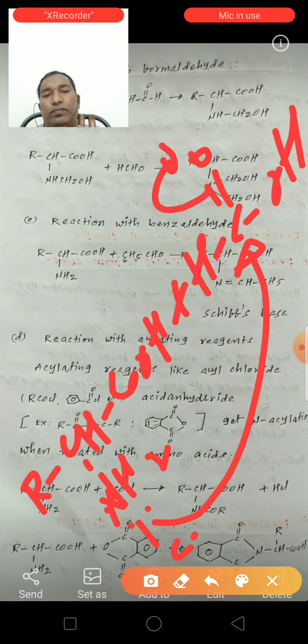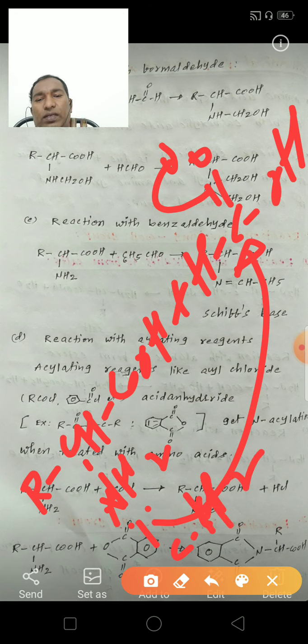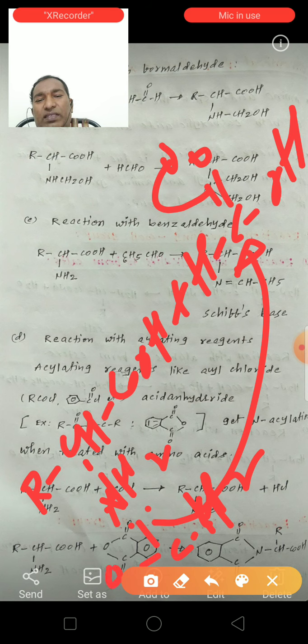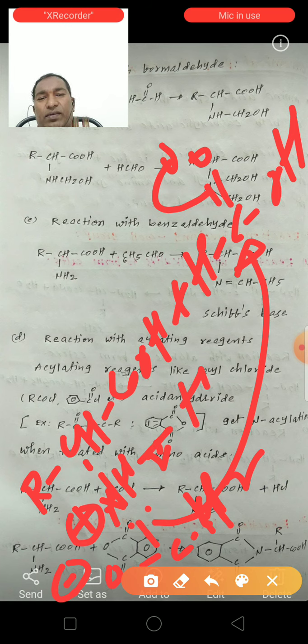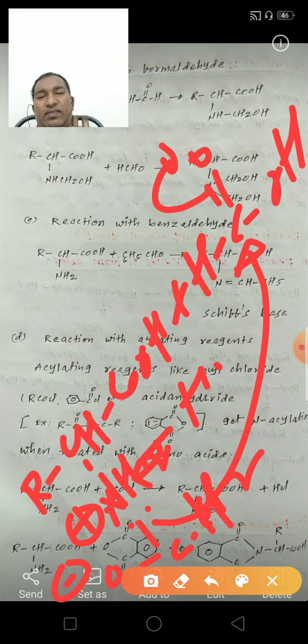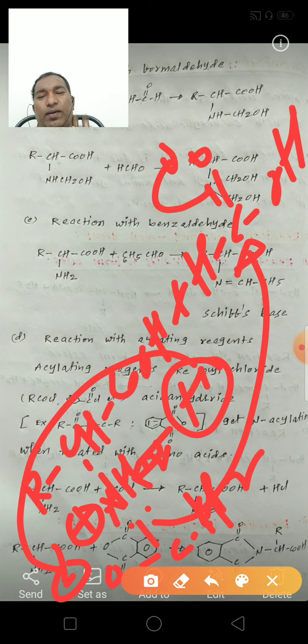So then this nitrogen will form CO minus, CH2 bond O minus, and the nitrogen will get the positive charge, and this hydrogen, by attracting these electrons, the H plus ion is added to the minus charge.